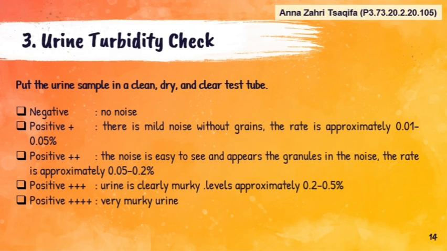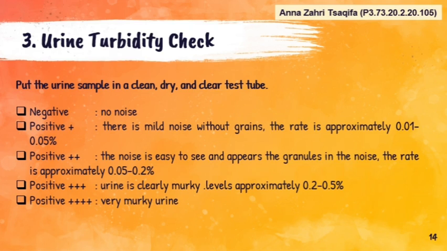Urine turbidity check. Put the urine sample in a clean, dry, and clear test tube. Negative: no turbidity. Positive plus: there is mild turbidity without grains, the level is approximately 0.01 to 0.05%.